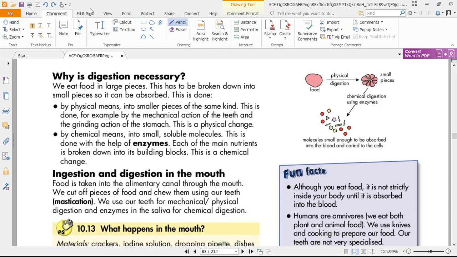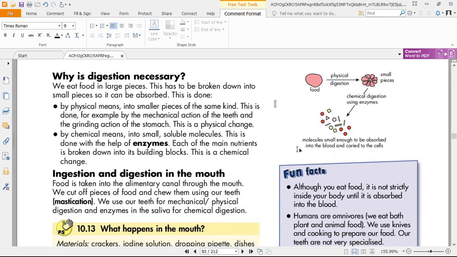So what I'll ask you to do, just to give yourself an idea, is find the building blocks of the following.